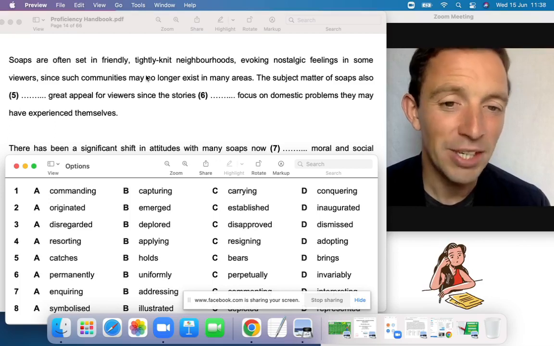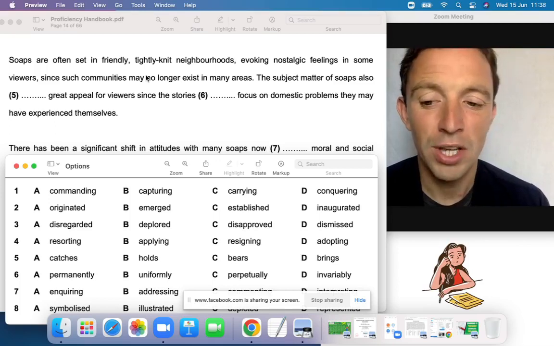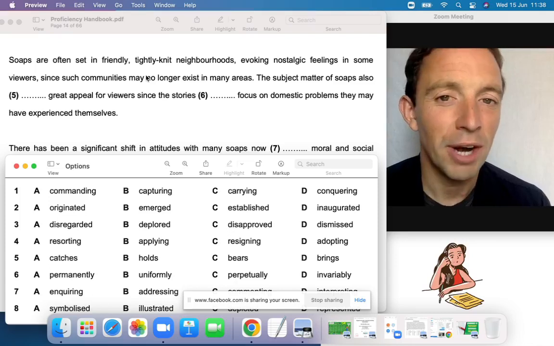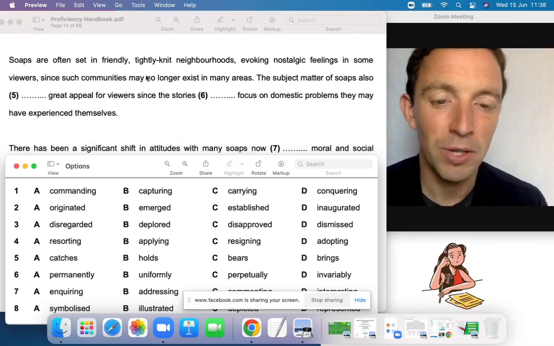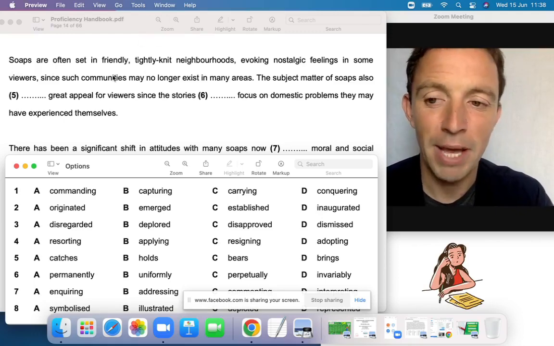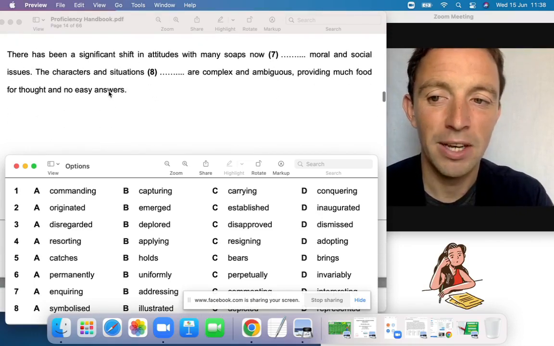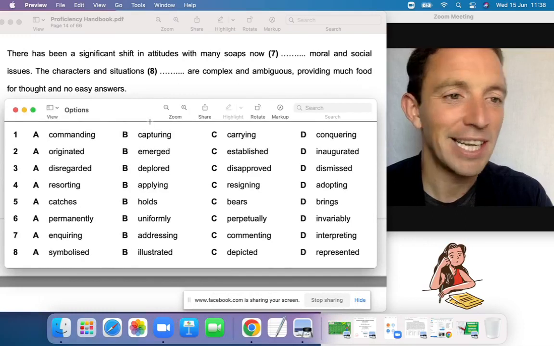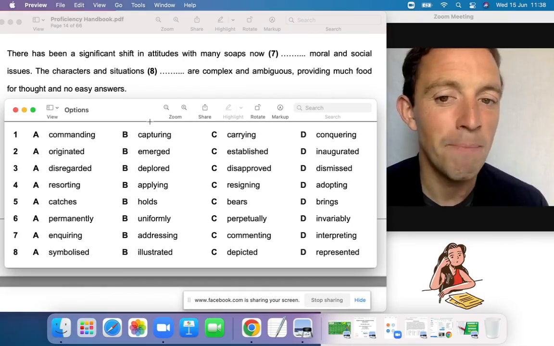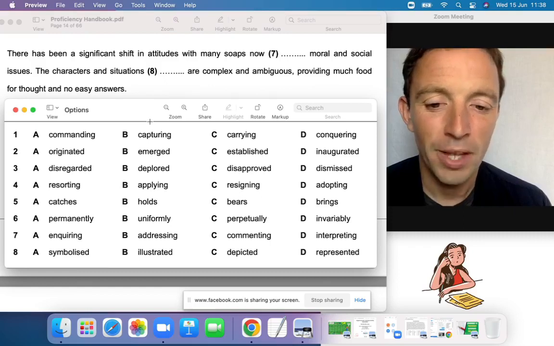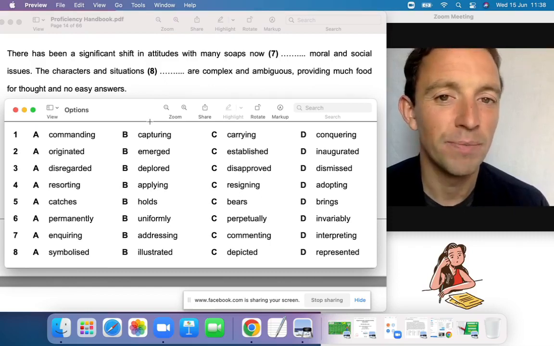The subject matter, the content of soaps also holds great appeal for viewers since the stories invariably focus on domestic problems they may have experienced themselves. Number 7, there has been a significant shift, change, move in attitudes, with many soaps now addressing moral and social issues.